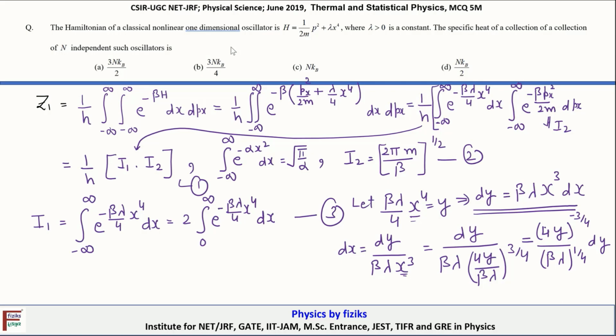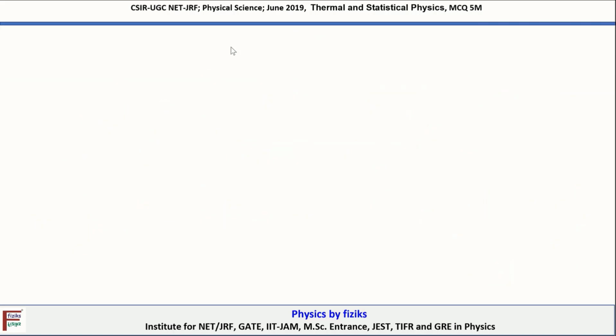Now we have to make this substitution in equation 3 here. After substituting the value of dx, the integral I1 becomes 2 times the integral from 0 to infinity of e power minus y times 4 power minus 3 by 4 divided by beta lambda power 1 by 4 dy.